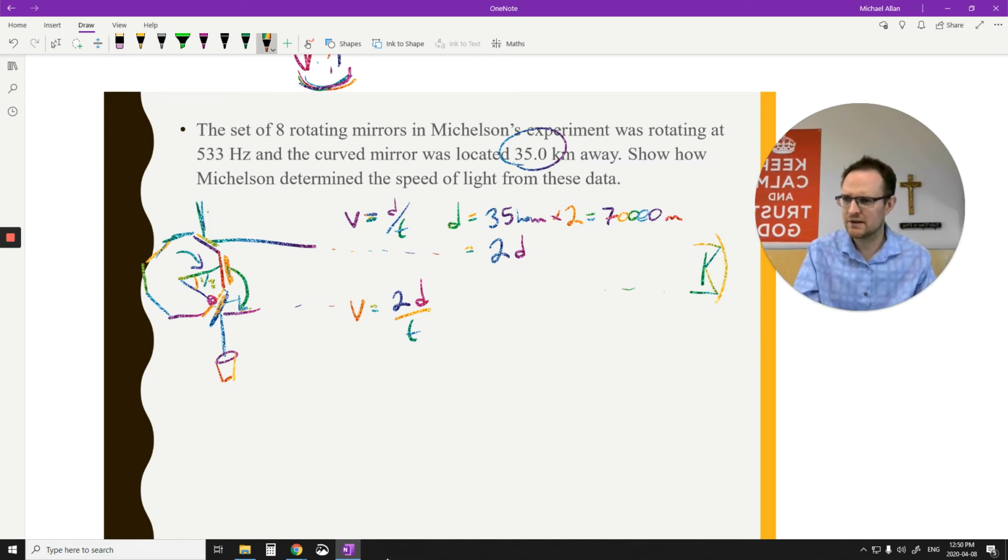Okay, the next part is trying to figure, okay, we have this frequency. We know it only has to go 1/8 of a rotation. How do I use those two things to find the period of this, not the period, the time that it takes the light to go back and forth? The time is only 1/8 of a full rotation, right?